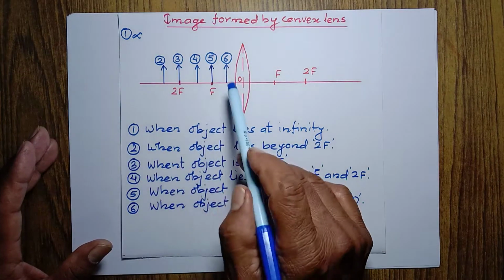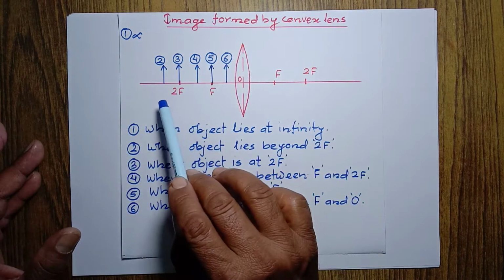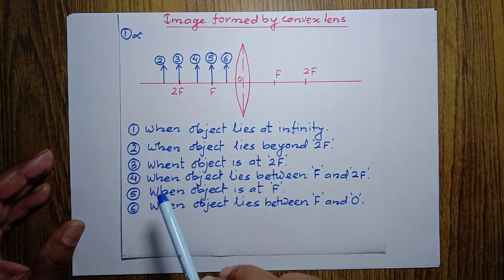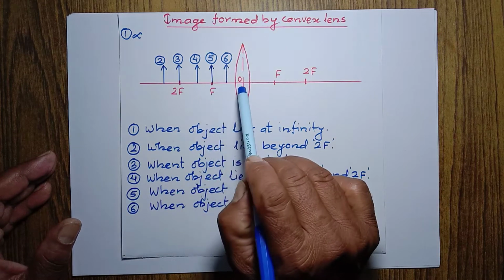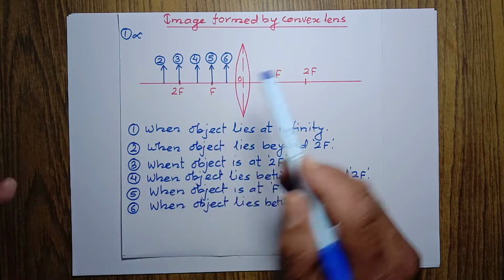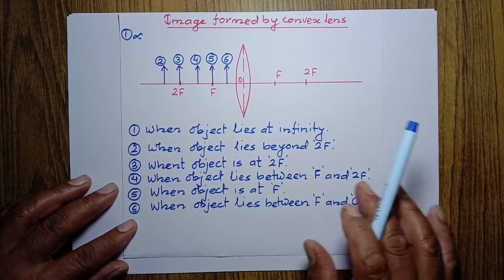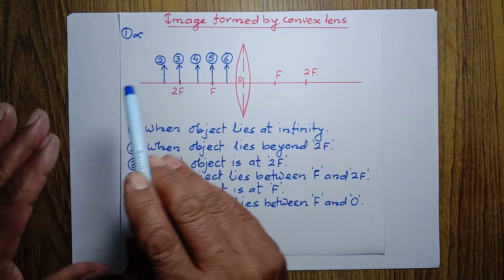The third condition, when the object is at 2F, another type of image. When the object lies between F and 2F, another type. When the object lies at focus, the next type. And when the object lies between focus and optical center, another type of image. This way, a convex lens forms 6 different types of images according to the position of the object from the convex lens.